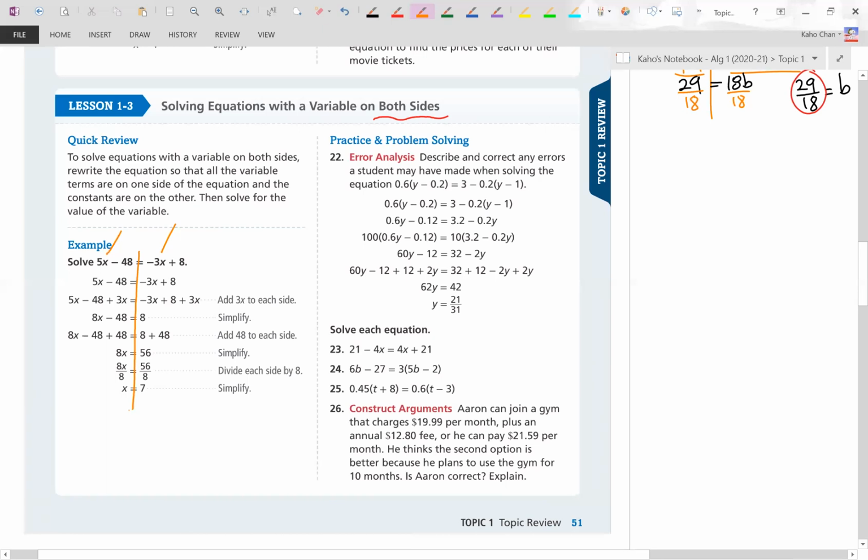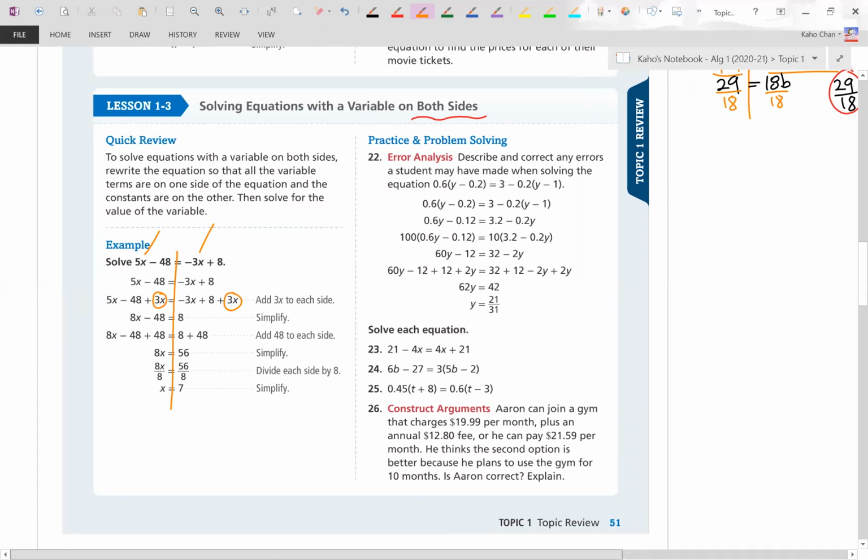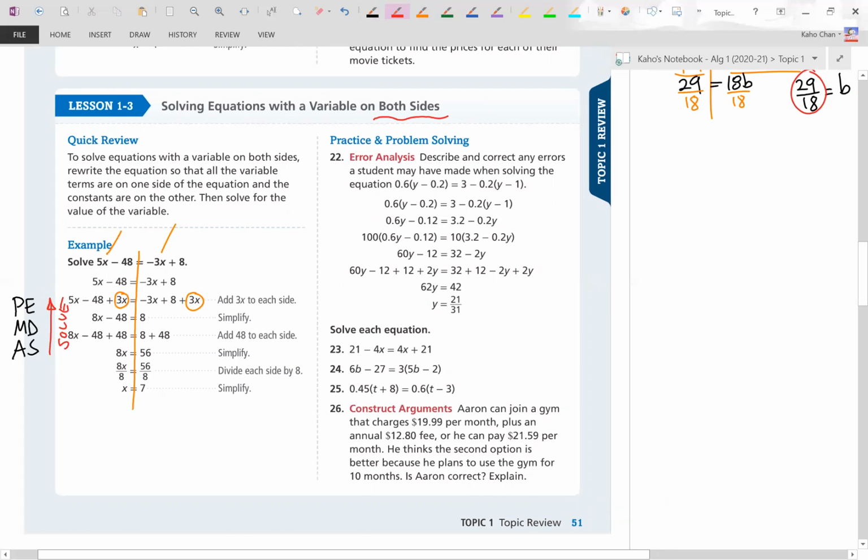So what they do is they went ahead and added 3x to both sides because that's the smaller x. And then the rest is undoing operations and solving by doing reverse of PEMDAS again. Same thing, just one additional thing, which is having variables on both sides. Let's take a look at our choices here.